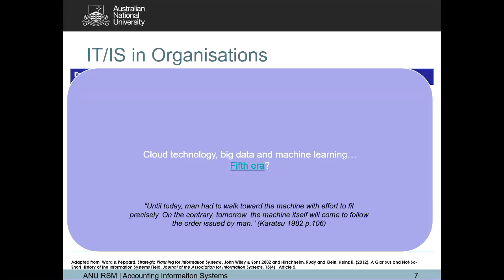Until today, man had to walk toward the machine with effort to fit precisely. On the contrary, tomorrow, the machine itself will come to follow the order issued by man. And this is the vision in 1980. And you now experience the vision from someone in 1980. But they started working on this in 1960.